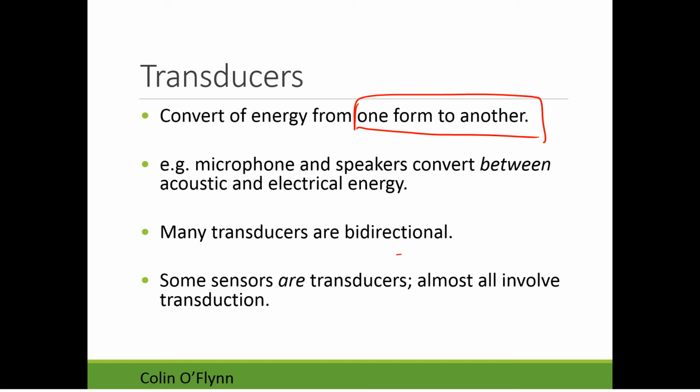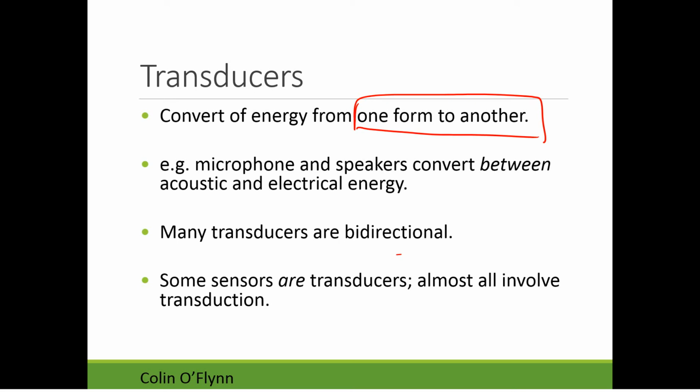Many of them are bidirectional. LEDs, for example, convert electricity to light. They do a fairly poor job, but you can use them as sensing devices as well, since they generate small amounts of electricity based on light coming into them. So you can use them in reverse. A lot of the time they're designed to work one way more efficiently, but they will work bidirectionally.